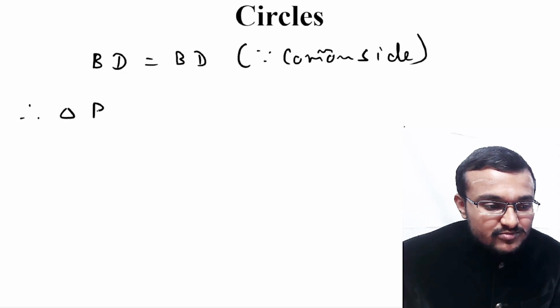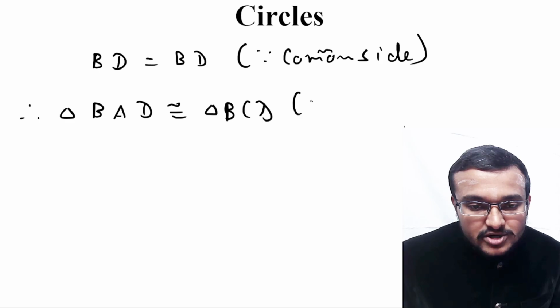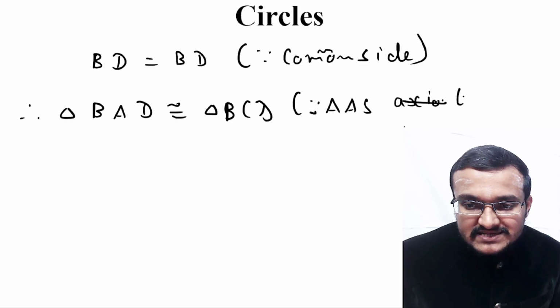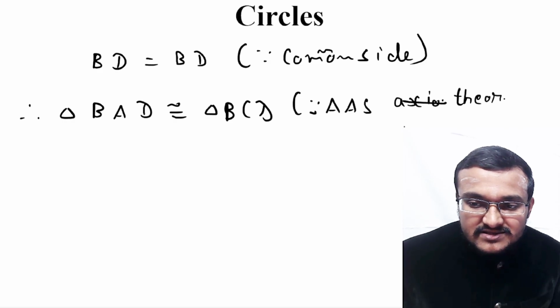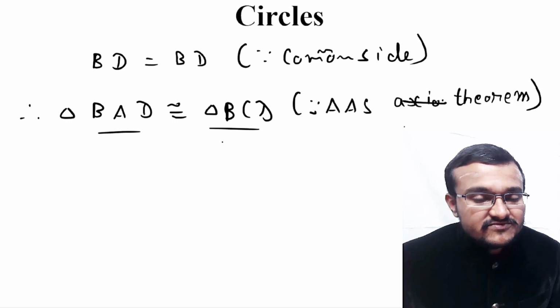Therefore, triangle BAD is congruent with triangle BCD. This is according to the AAS axiom, or AAS theorem. So according to the angle-angle-side theorem, BAD is congruent with BCD.